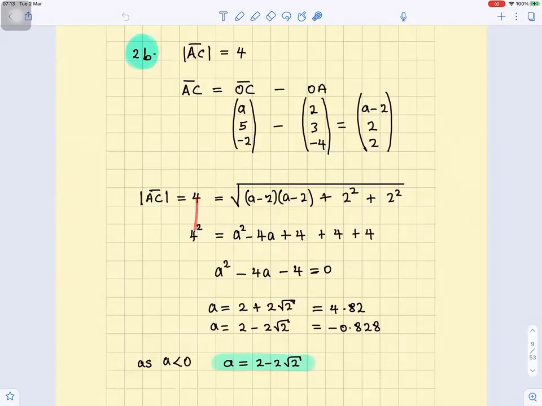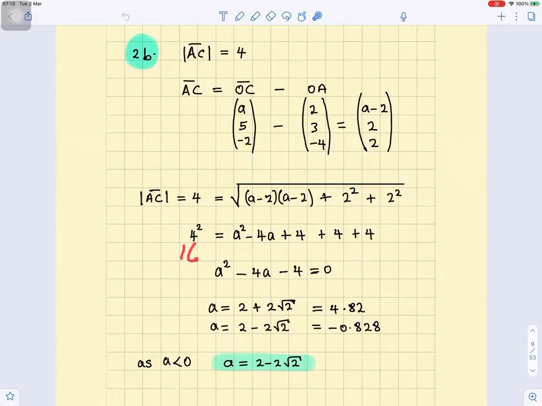And 4 squared there. So 4 squared will cancel when you start to subtract. So you end up with a squared minus 4a minus 4 is equal to 0.